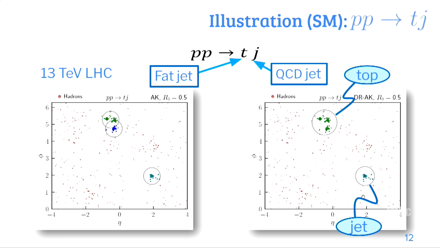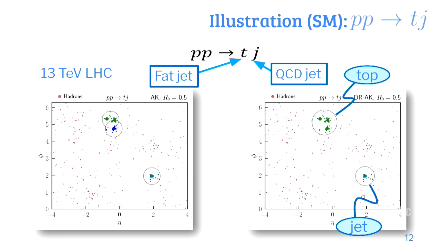So basically, the event here is in the eta-phi plane, where these dots are the hadrons, and the sizes of the dots represent the energy or pT of those hadrons. Okay. So from the simulation, what we can see is that these three big dot collections are basically the three prongs of the top quark, and this is the quark or the gluon.